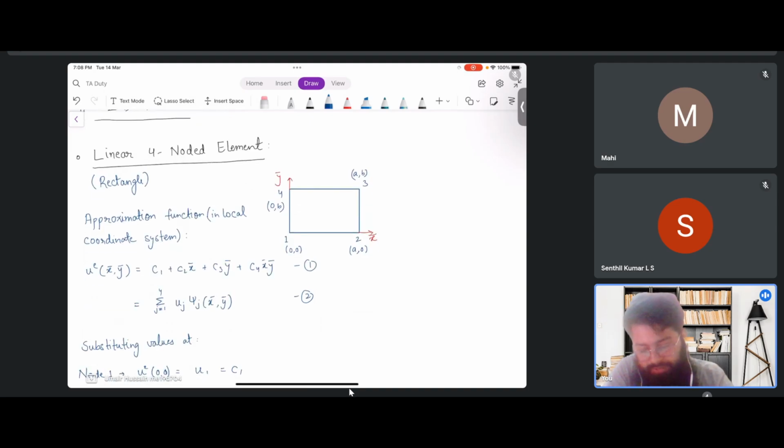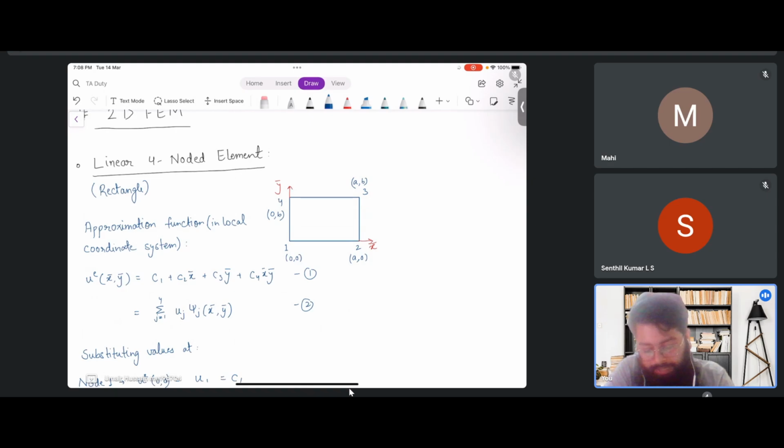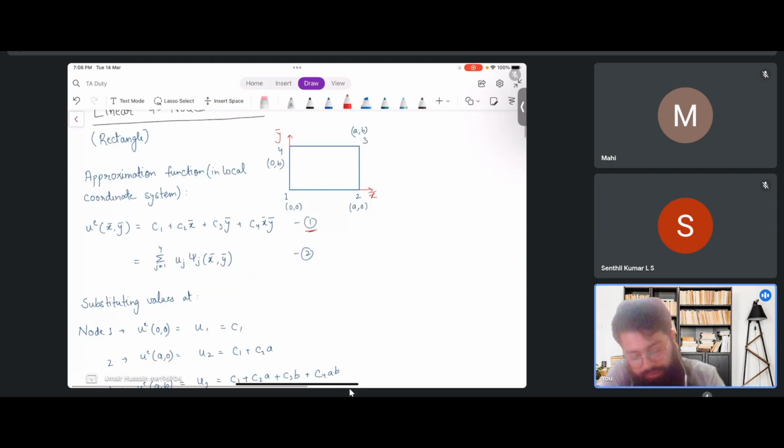Since we have four nodes, of course we'll have four unknowns in the approximation function. So just like we did in the case of triangular elements, we consider one equation in the form of the four unknown constants, and another equation for the approximation using the summation of the nodal values at the four nodes of the element times the corresponding interpolation function.